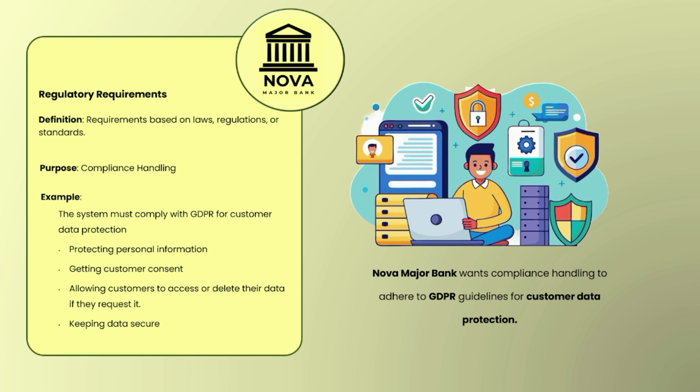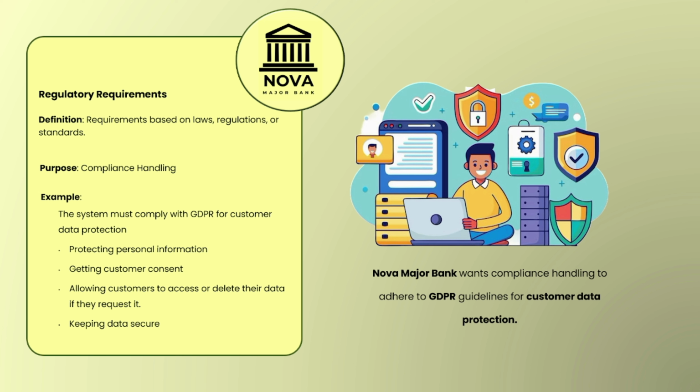The system must comply with GDPR for customer data protection. GDPR means General Data Protection Regulation, to keep customer data safe and private. So whatever system we are aiming to develop, it should follow the GDPR data protection policy.